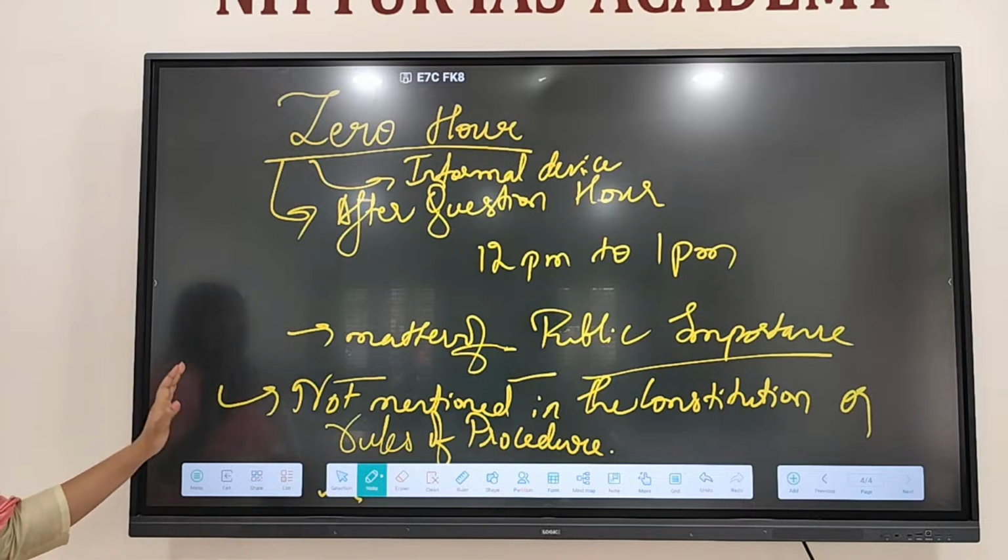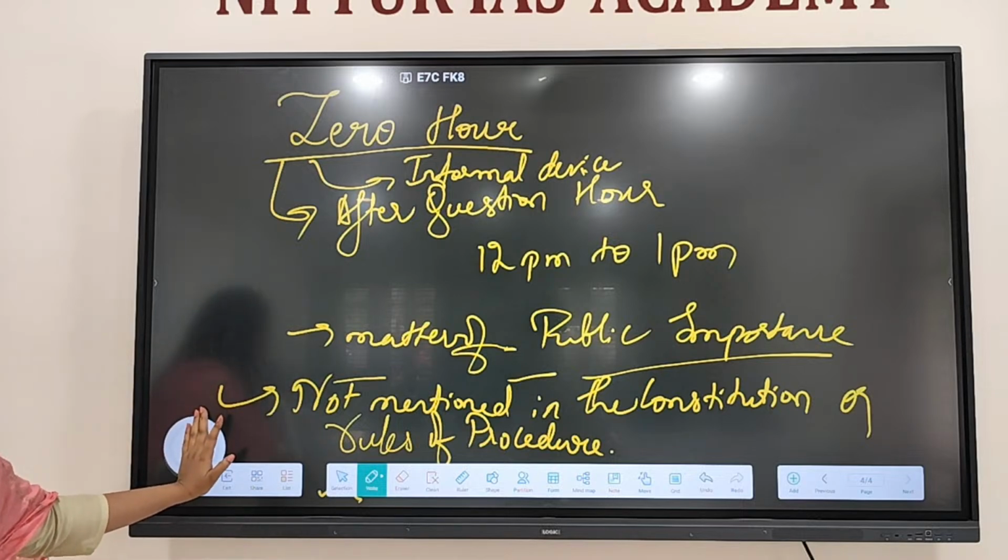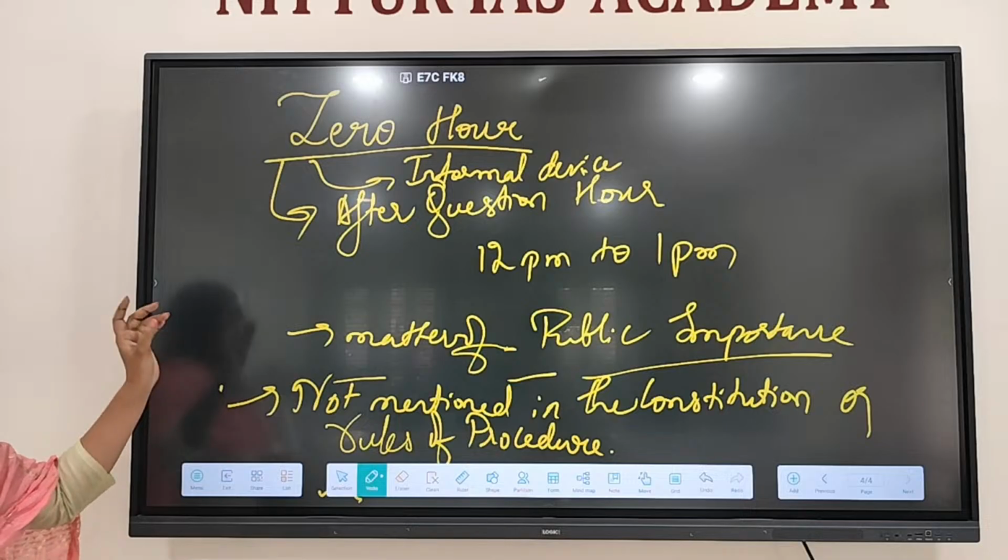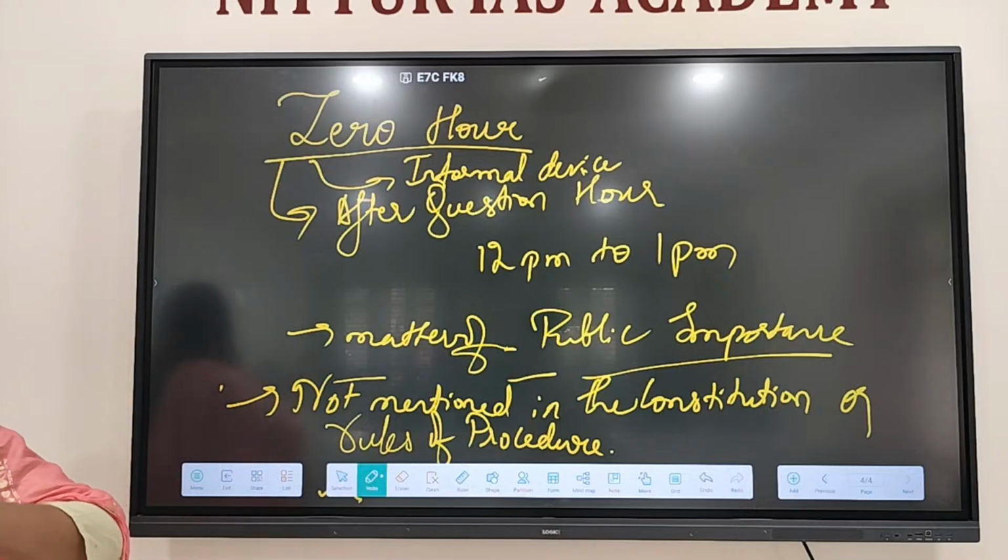Okay, next comes the 0 hour, very important. Many times it has been asked. This 0 hour is not mentioned in the constitution, and it is also not mentioned in the rules of procedure. It is an informal device that is used by the MPs to raise questions regarding public importance.